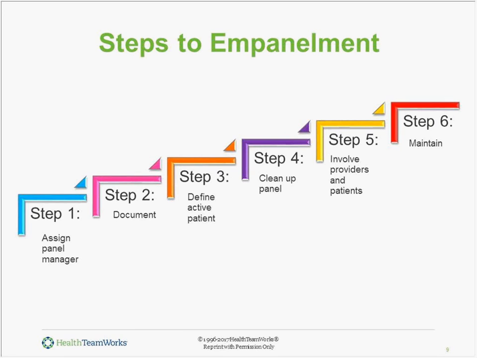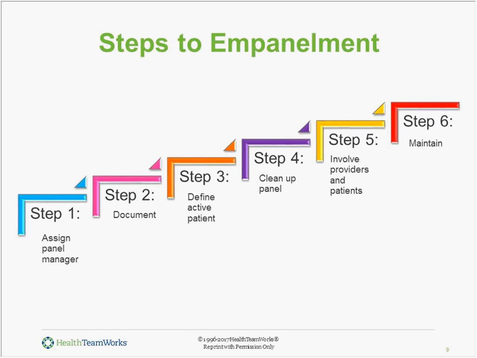That's an essential first step that doesn't have to include providers. This can be behind the scenes. If providers in the practice have agreed to your active patient policy definition and where you'll document it, they need to be involved in that first cleanup process. But in step five, it is crucial that providers are engaged in defining that the patients listed on their panel are their patients.